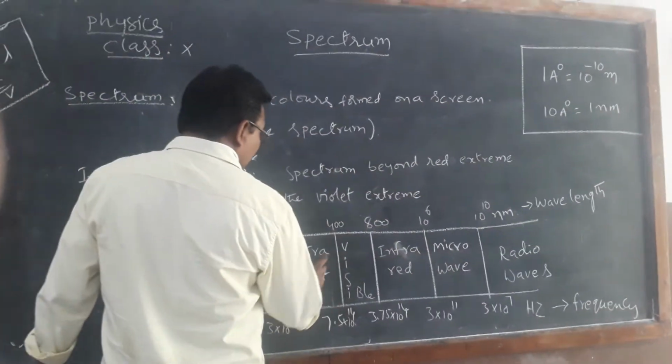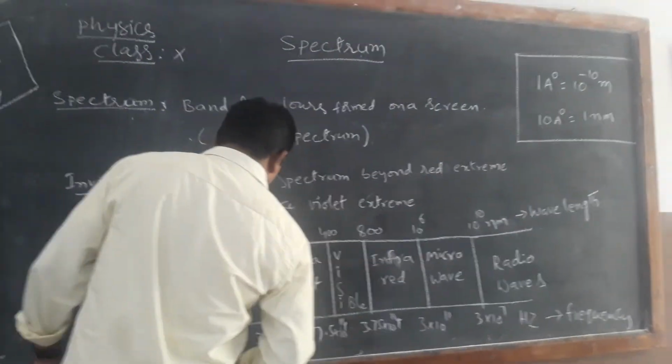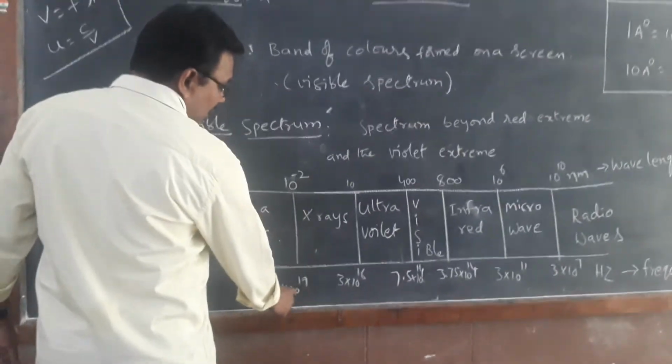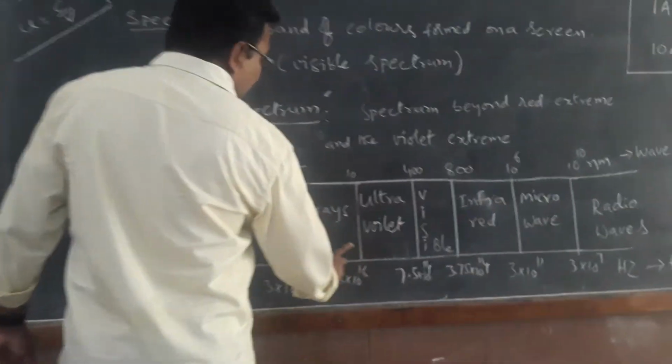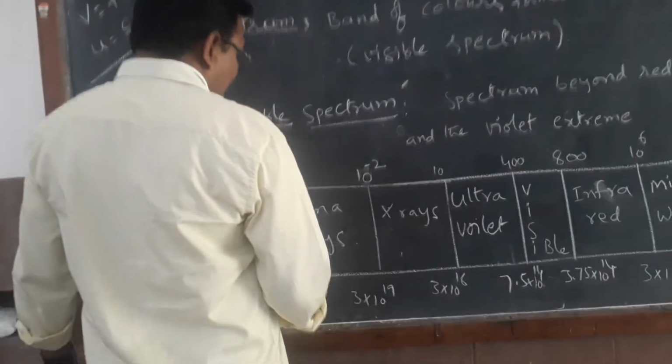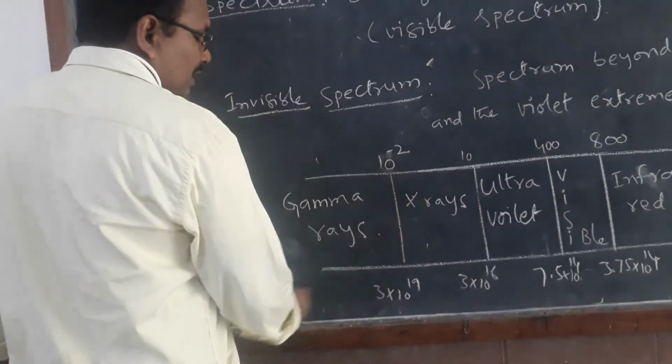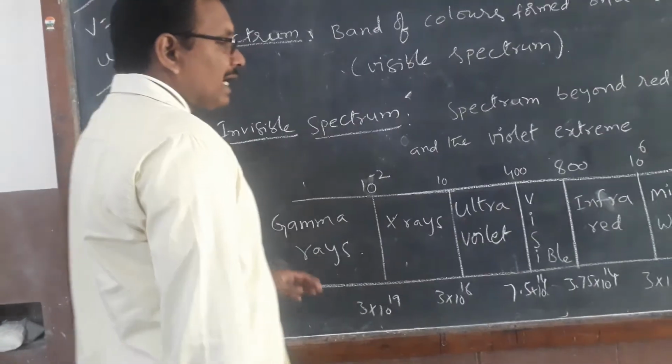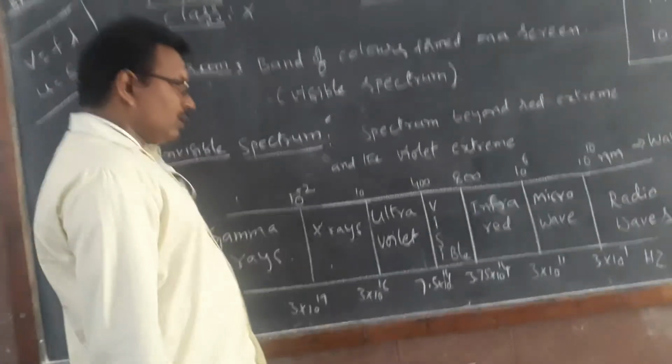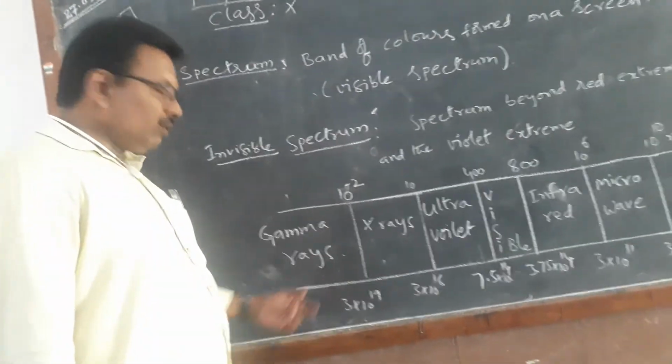And 3 into 10 power 19 to 3 into 10 power 16 is called X-rays. Below this frequency are gamma rays. We can classify all the rays based on wavelength and also frequency.